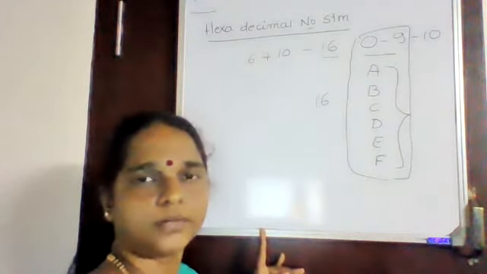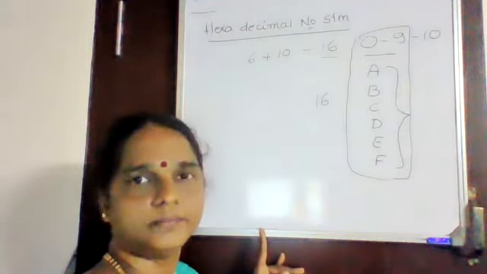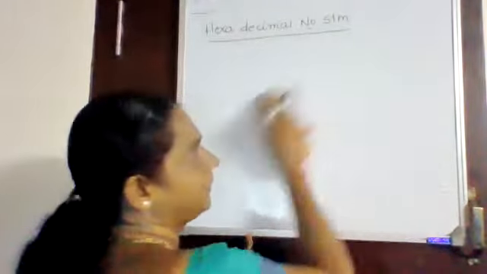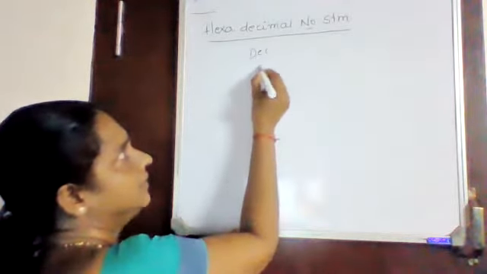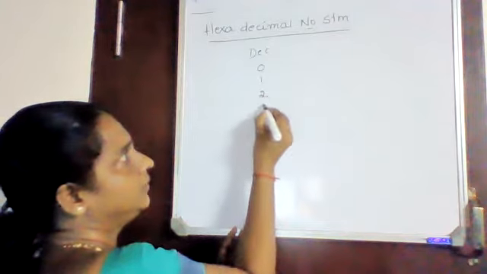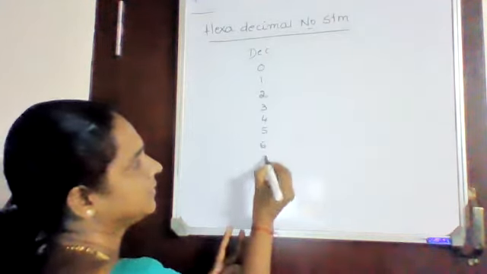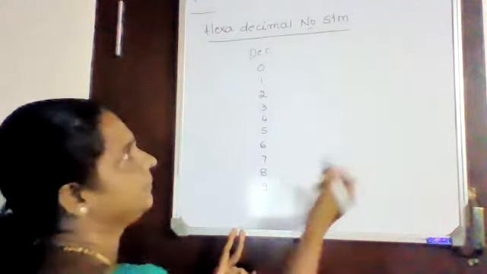Now, how do we write the sequence of counting in the hexadecimal number system? We'll compare it with the decimal number system: 0, 1, 2, 3, 4, 5, 6, 7, 8, 9, up to 9 it is similar.